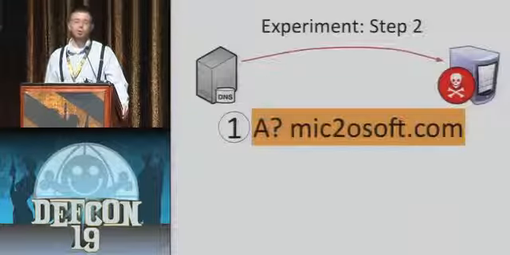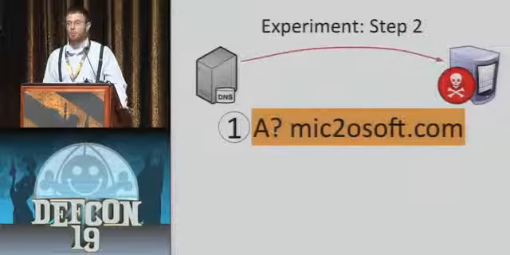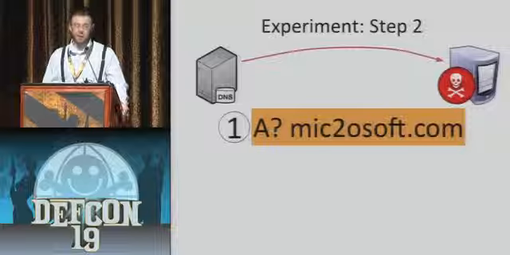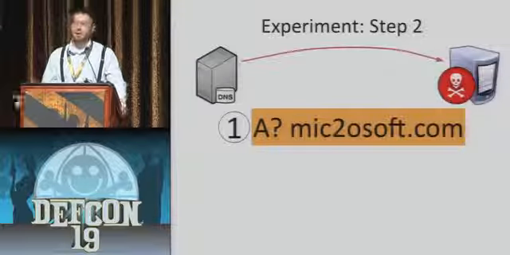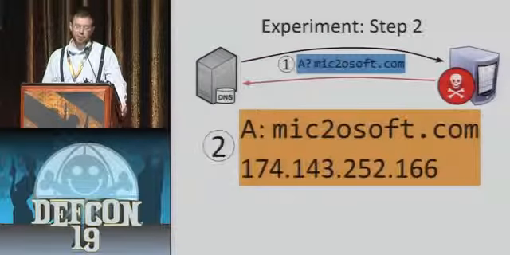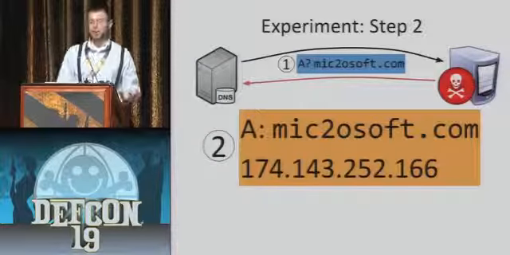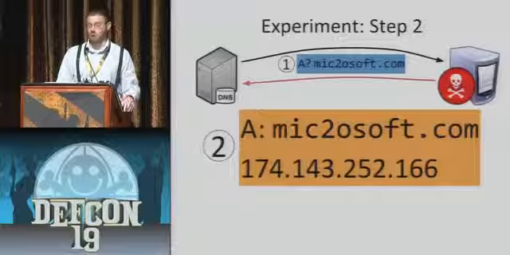Experiment step 2 is you have to properly answer DNS. This is actually very important, and I'm going to go through it via an example. Let's say somebody out there is trying to resolve a domain name you registered, say mic20soft.com, 1 bit away from Microsoft. You're going to get an A record request, and of course you'll answer it. But the trick here is that we think that a bit error happened somewhere on the server that asked you for the domain name.